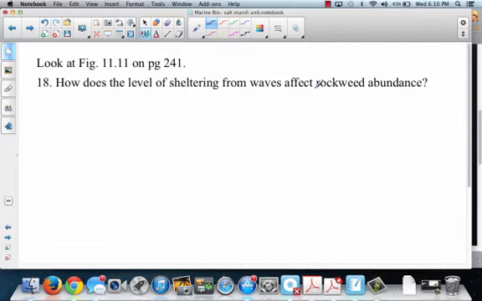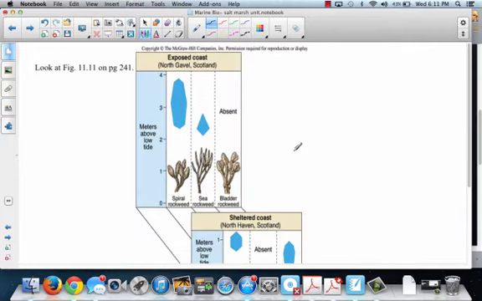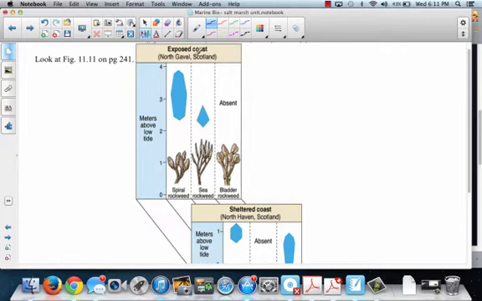Alright, turn to page 241 in your book and look at figure 11-11. And you're going to answer this question: how does the level of sheltering from waves affect rockweed abundance? So we're just going to look at this diagram here. This is figure 11-11 on page 241. Here you have the exposed coast, and you have meters above low tide.